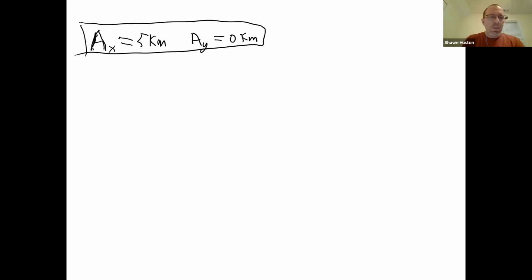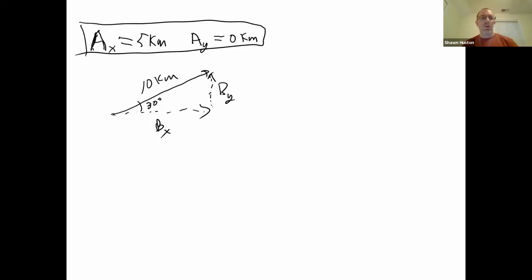Now vector B, a little more difficult. Vector B was 10 kilometers at a 30-degree angle north of east. Okay, so there's B sub x and B sub y.